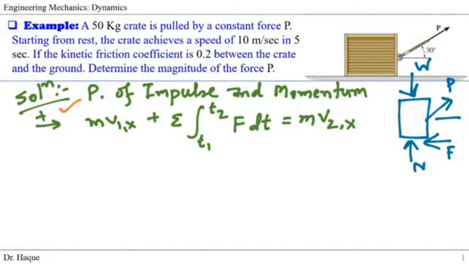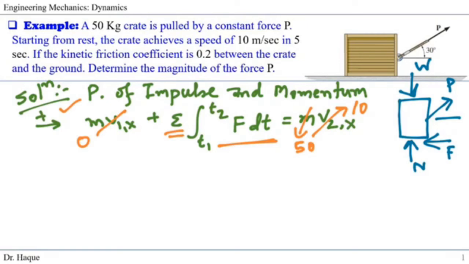The initial momentum mv1 is 0 because it starts from rest. On the other side, v is 10 in the x direction and mass is 50, so it's 500. Now, this is the impulse, force times time, and the summation means we have to consider all the forces acting on the body.